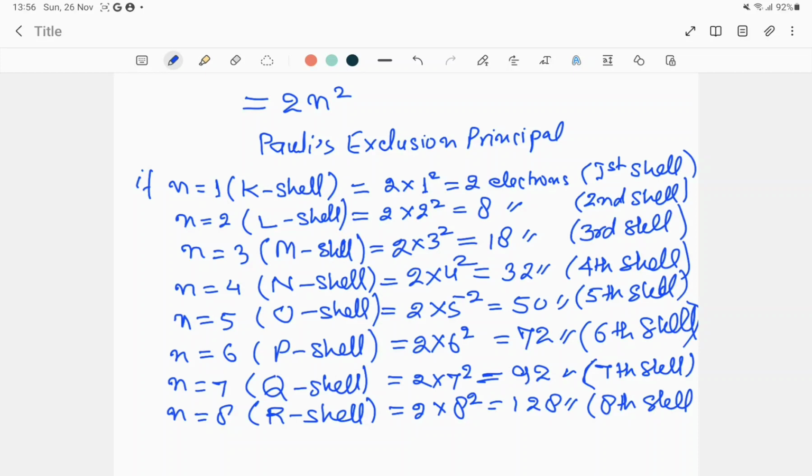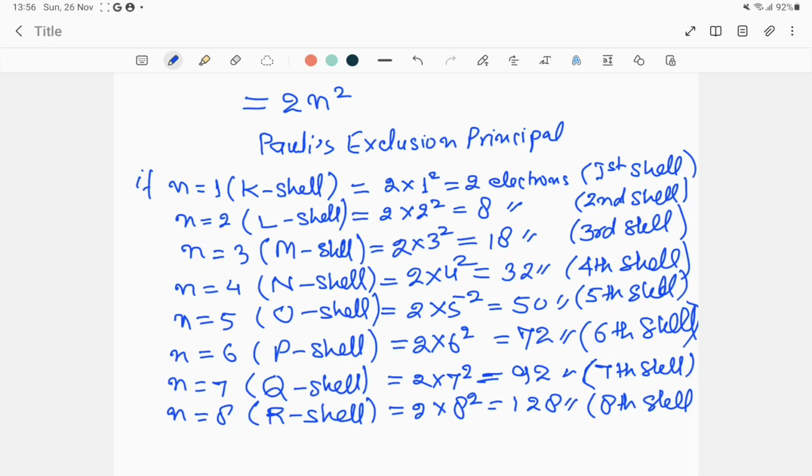Now the question arises, what is the meaning of maximum number of electrons? Maximum number of electrons means that a shell cannot accommodate more than the maximum number of electrons, but it can hold the maximum number or fewer electrons.